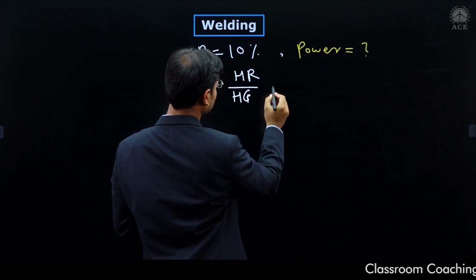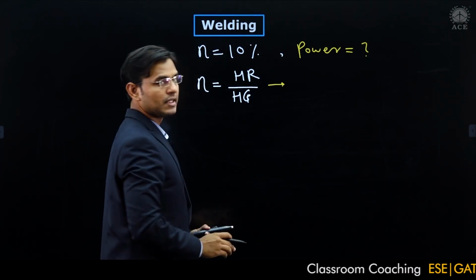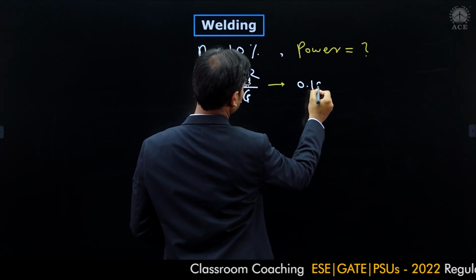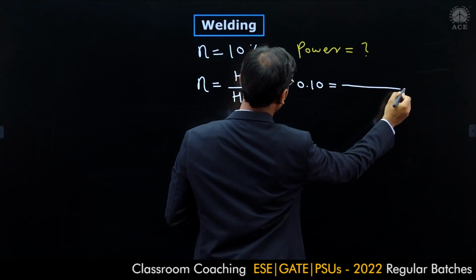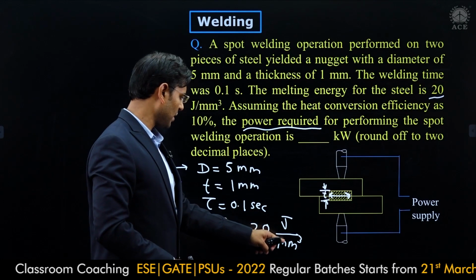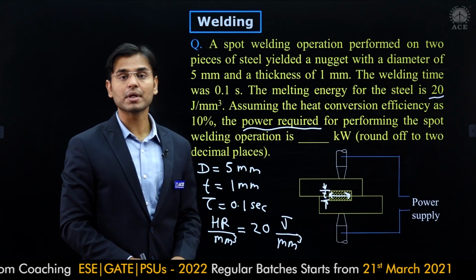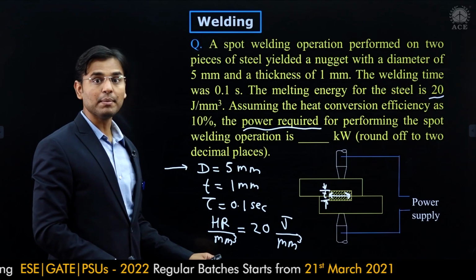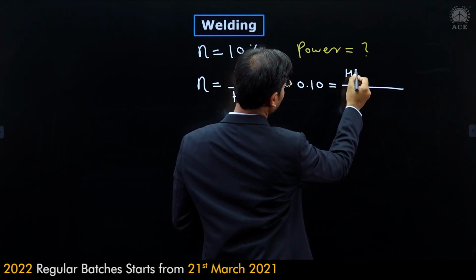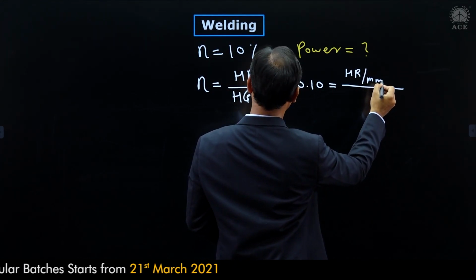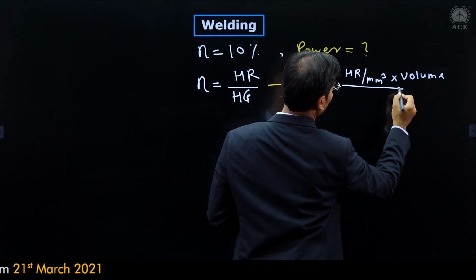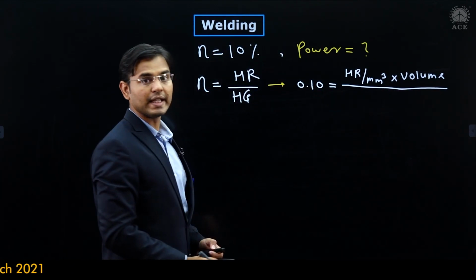Efficiency given is 10%, that is 0.10, equal to heat required. Joule per millimeter cube means heat required per millimeter cube is given, so I write heat required per millimeter cube into volume, divided by heat generated.